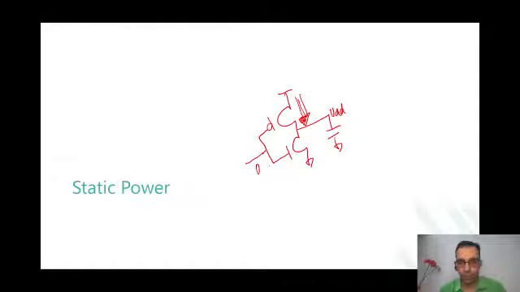Sir, to find leakage current, is it enough to find the current flowing through IDD at a point where my output is high? Let me repeat.